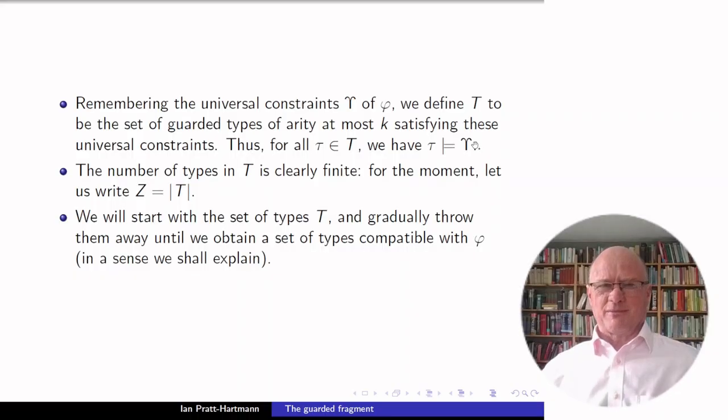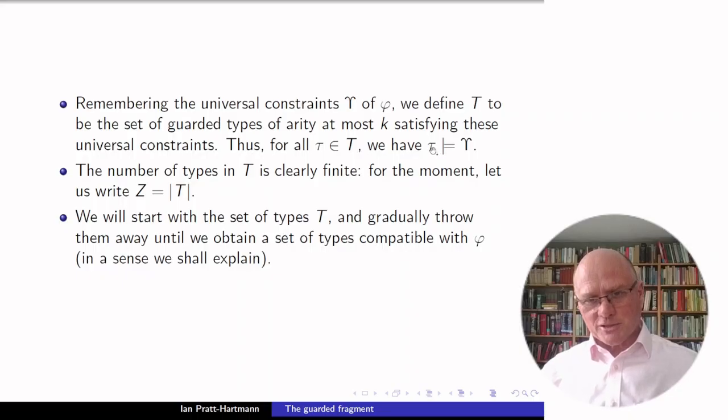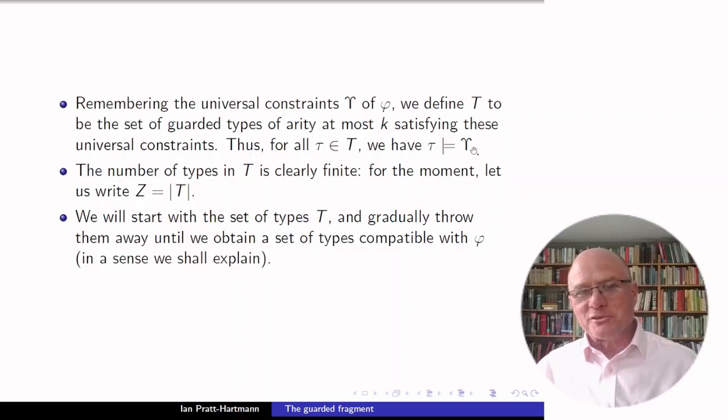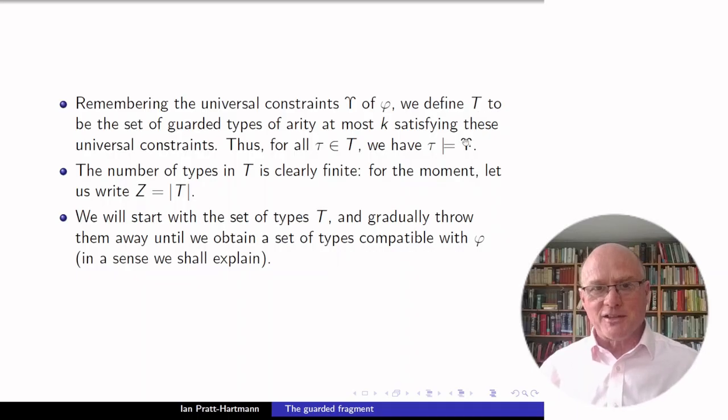Now you might think, what does that mean? Well, τ, remember, is a structure. We can think of a type as a small structure on the elements x1 up to xk, or x1 up to xl if it's an l-type. So that structure either makes the universal constraints true or it doesn't. This is a sentence, so either the sentence is true in that structure or it isn't. If it's true, then we put the type in question in T. If Υ is false, we don't. So T is just those types satisfying the universal constraints Υ.